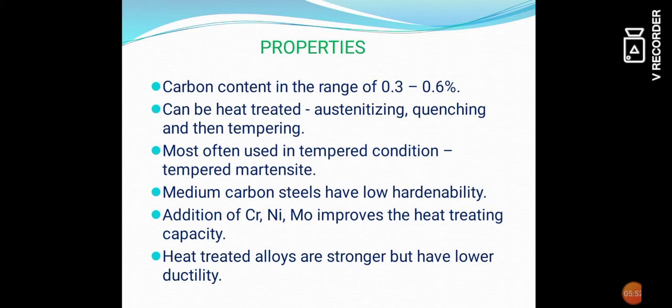They are most often used in the tempered condition, that is tempered martensite. The medium carbon steels have low hardenability. The addition of chromium, nickel and molybdenum improves the heat treating capacity of medium carbon steel. Finally, heat treated alloys are stronger but have lower ductility.